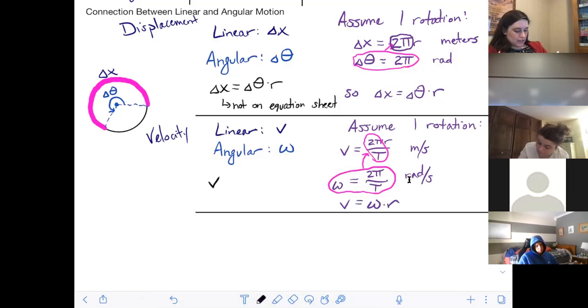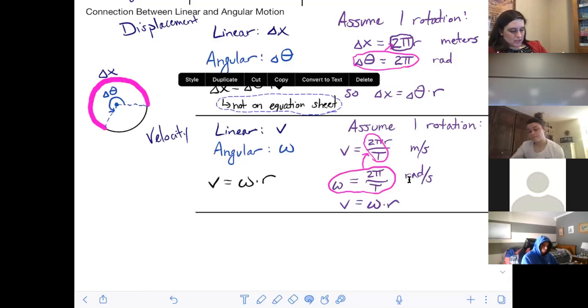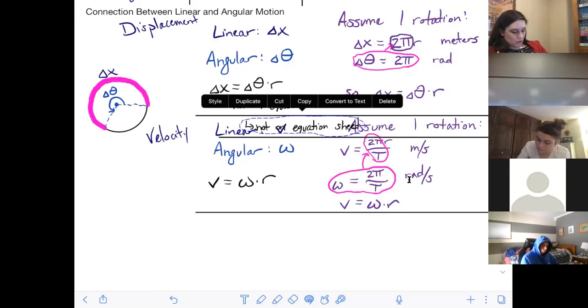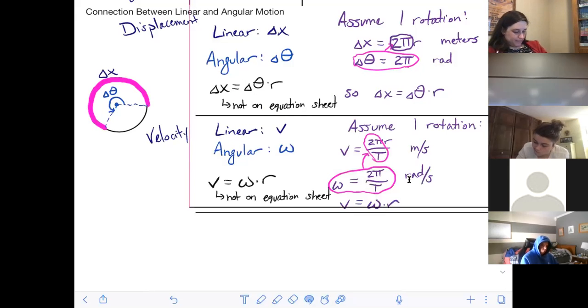Linear velocity is equal to angular velocity times r. And I'm sure you guessed it, this is not on the equation sheet either. This is not provided to you on the AP Physics C equation sheet, but it is a very helpful thing to know.